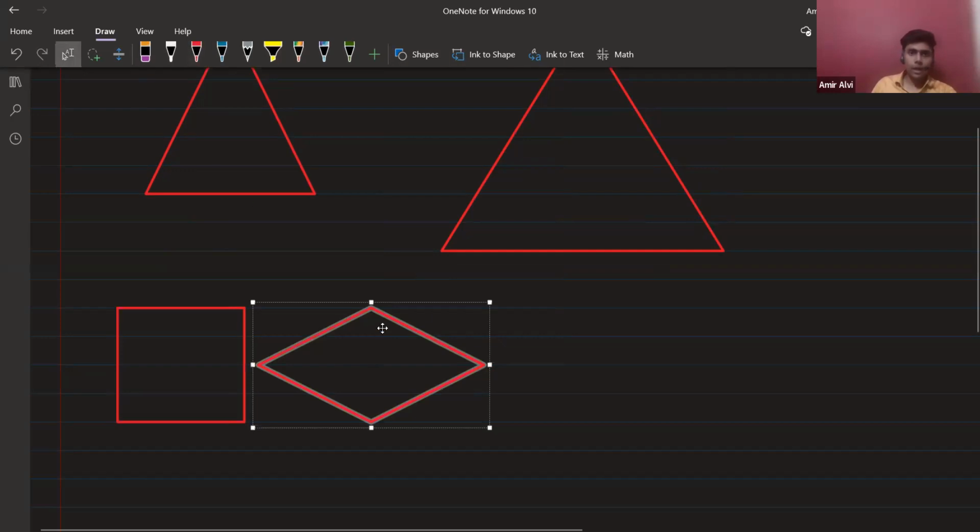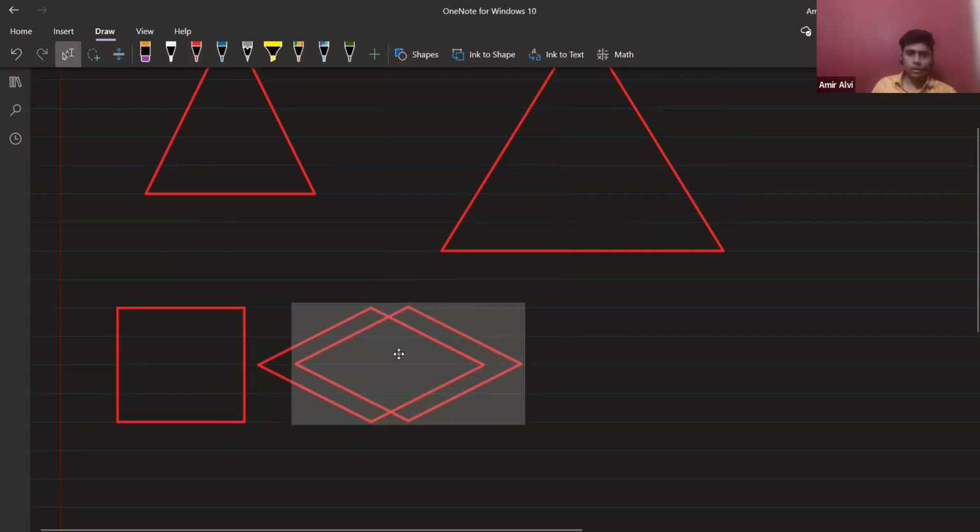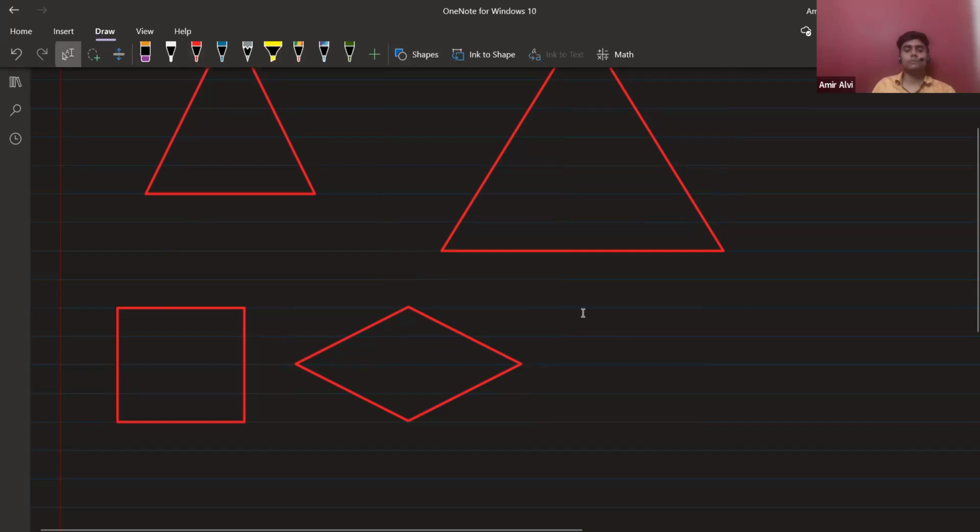Tell me, are they similar or not? They are similar.